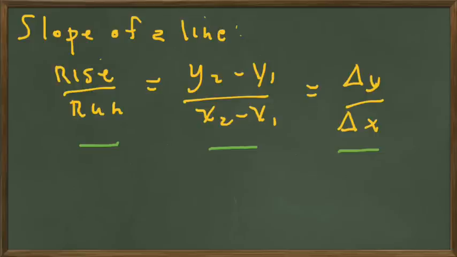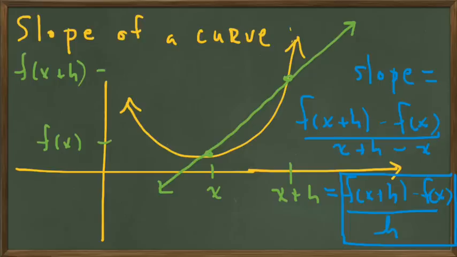So if we use the y2 minus y1 over x2 minus x1 definition of the slope for a line for a curve, let's see what happens. Here's our y2, here's our y1, here's our x2, and here's our x1, and we get this attempt at a definition for the slope of a curve.